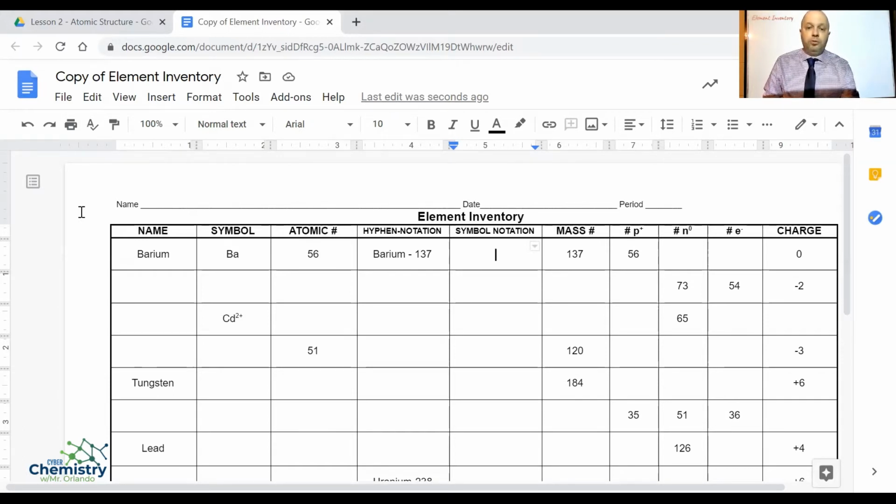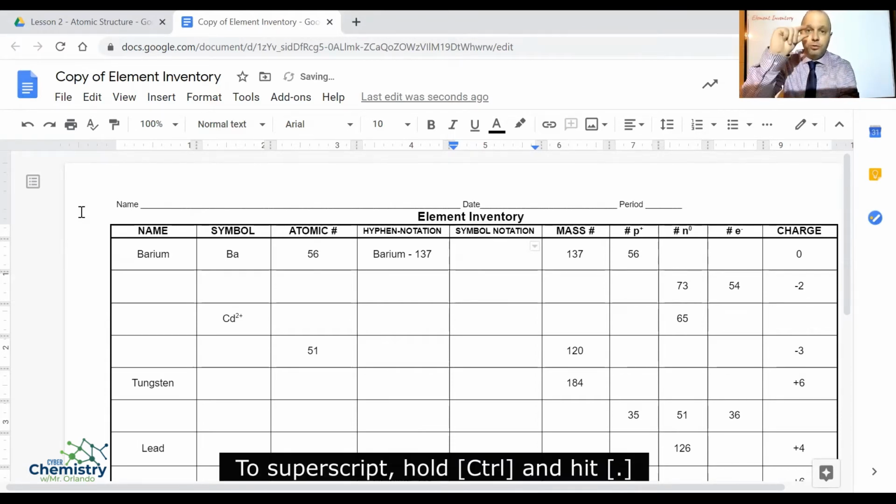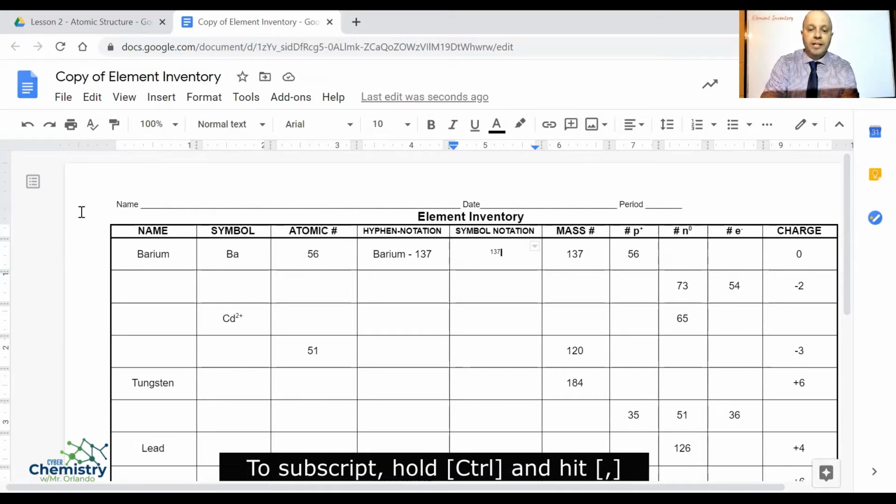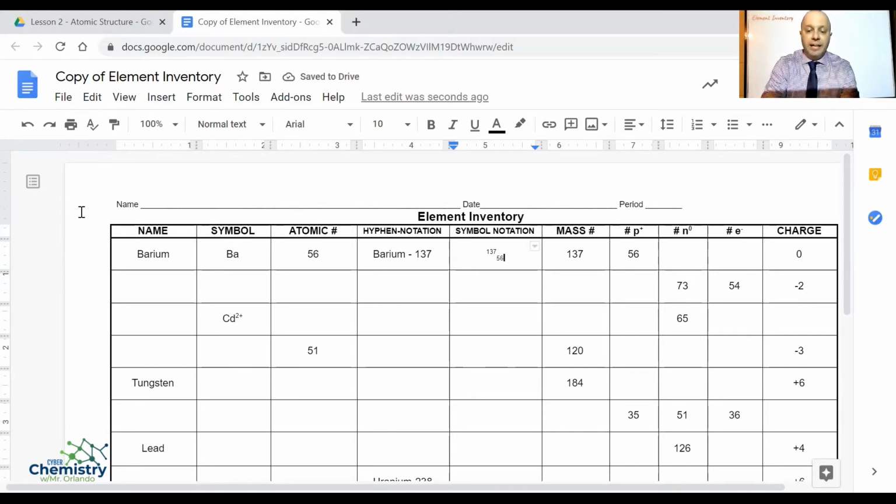So to do a superscript on Google Docs, hold down Control and hit period. That will make the cursor smaller and on the top. And you can type in the 137. To do the subscript, hold down Control and hit the comma. That'll allow you to type in the atomic number, 56. To go back to the regular format, hit Control comma once more.